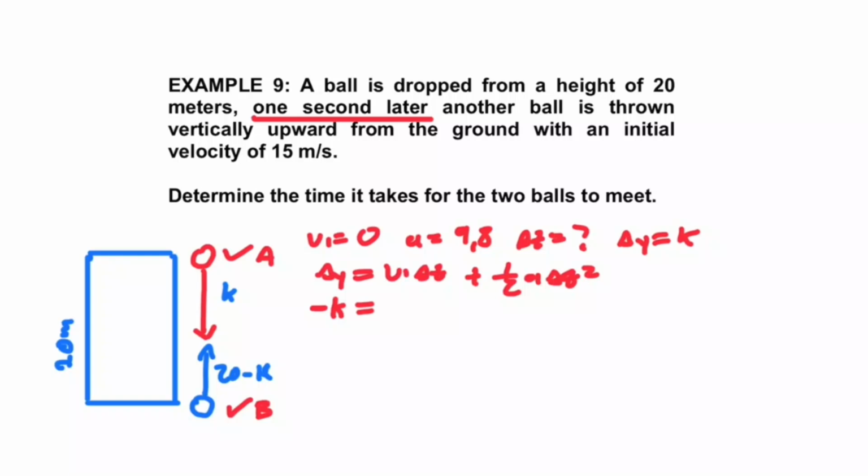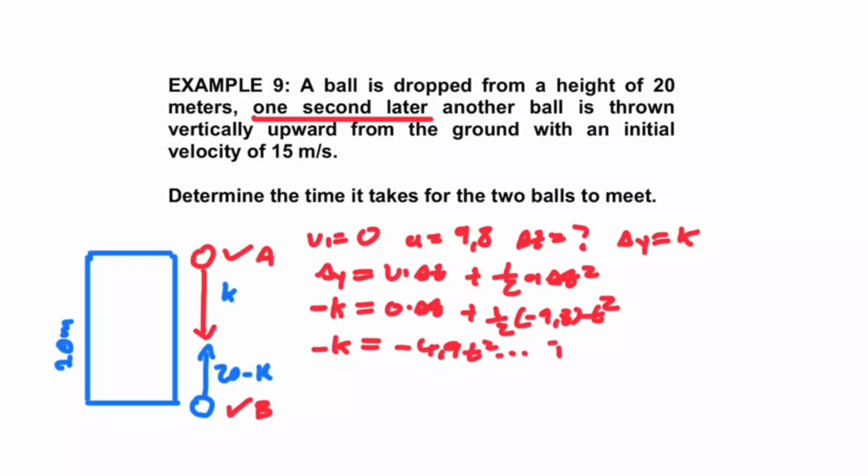So minus k equals vi, which is 0 multiplied by delta t, plus a half, the acceleration minus 9.8 t squared. Let's just use t squared instead of delta t. We're going to have minus k equals minus 4.9 t squared. We have two variables, k and t. We call this equation 1.